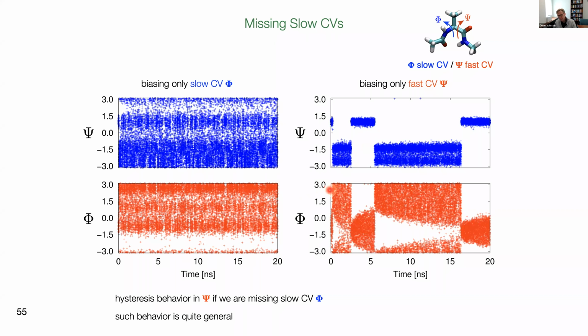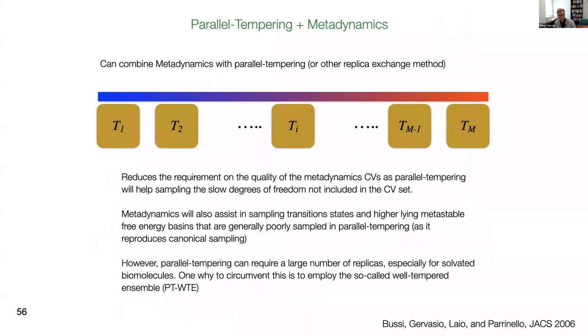In this collective variable behavior we see hysteresis: it grows and then goes to the other state, but there's overlap between the two states. So in this case, the simulation will not converge to anything meaningful.